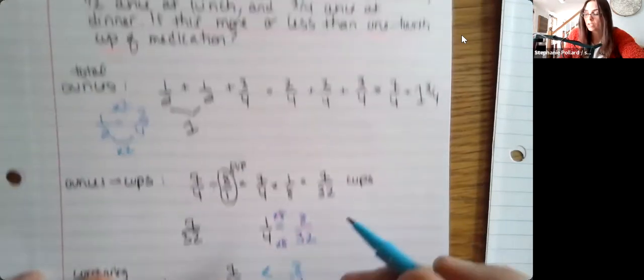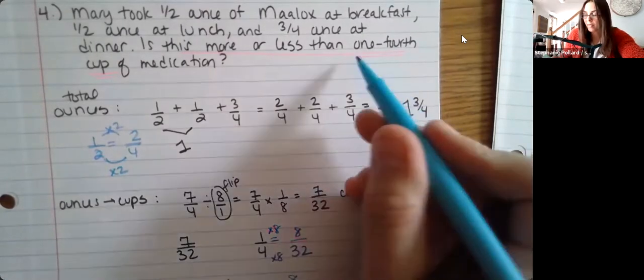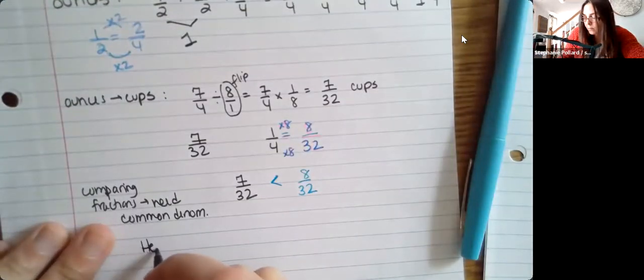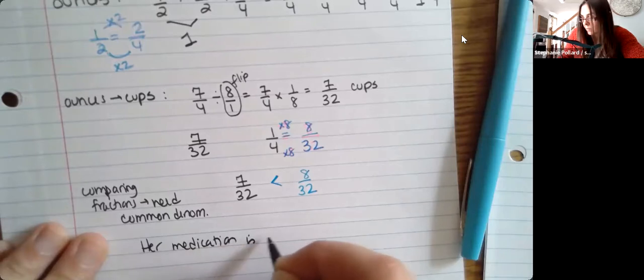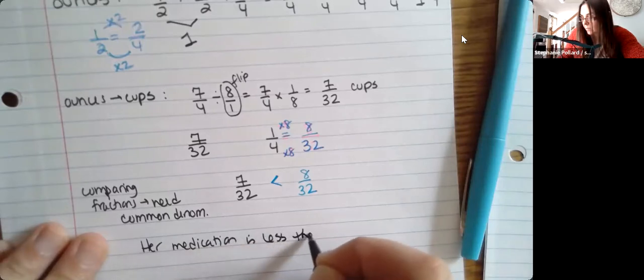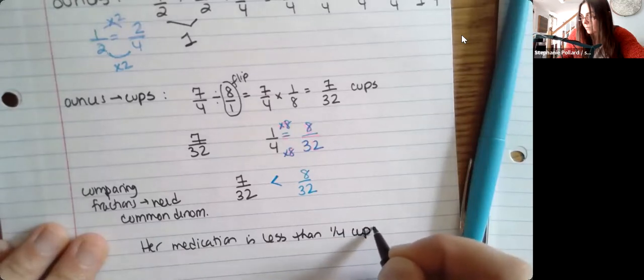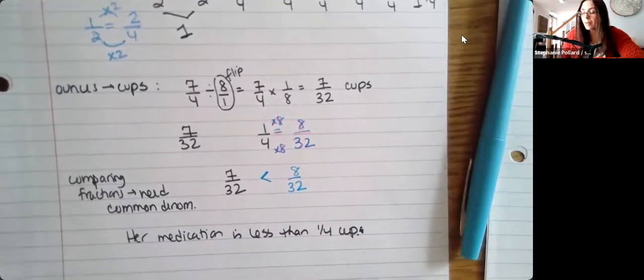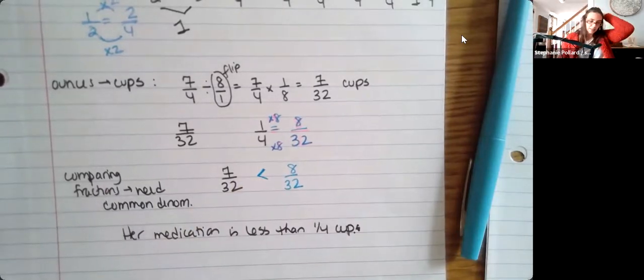So the amount of medication that Mary took is less than the 1/4 of a cup. So not by much, right? Only by 1/32, but it is less than.